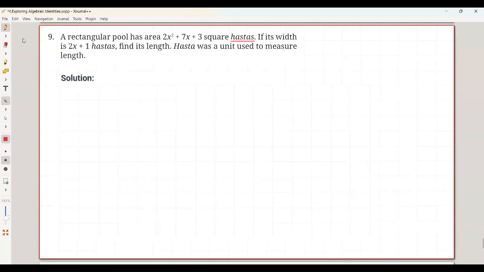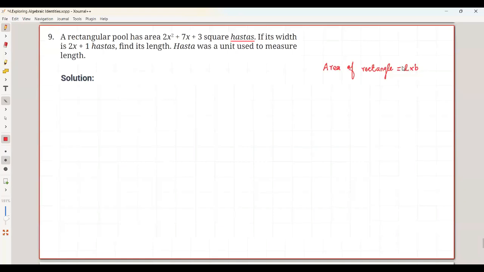So we know the formula. What is given? The area of the rectangle. We know the area of the rectangle is L into B. The area is already given, and the width is also given; width is nothing but breadth.